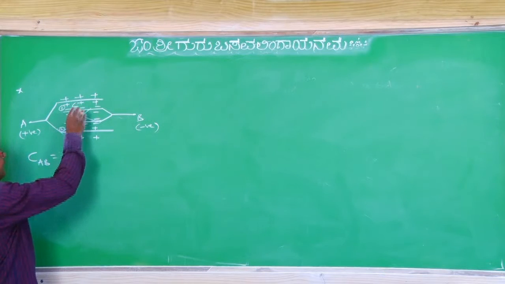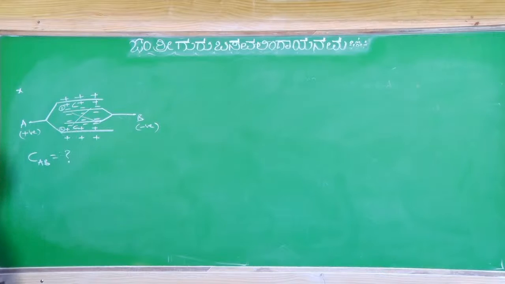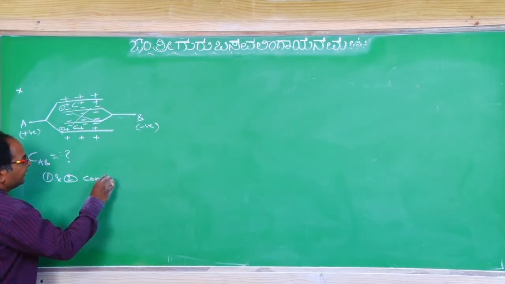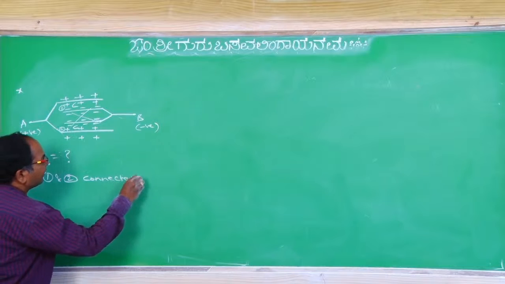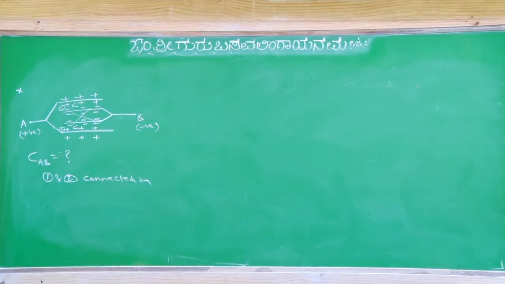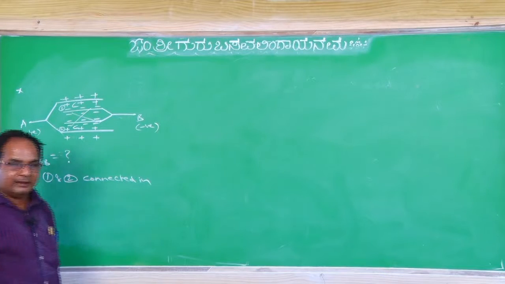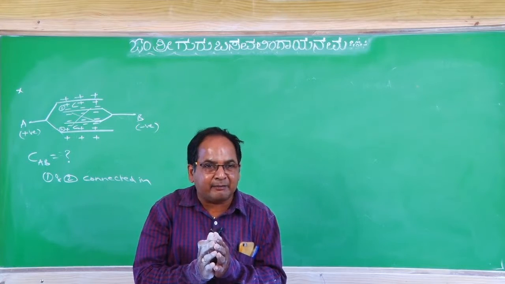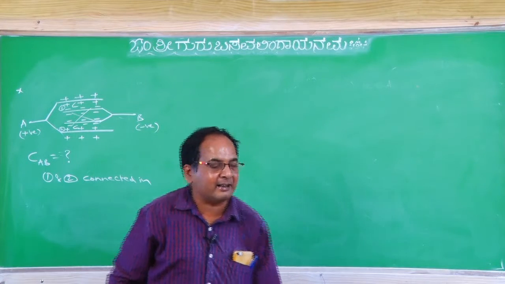Now if the capacitance of each is C, try to tell whether these two, 1 and 2, are connected in parallel or series. Very good. Same charged plates connected means which combination? Parallel.